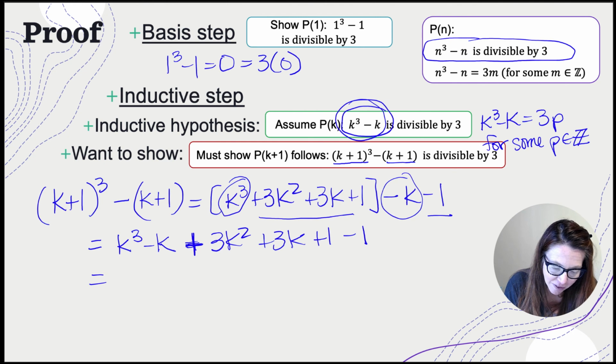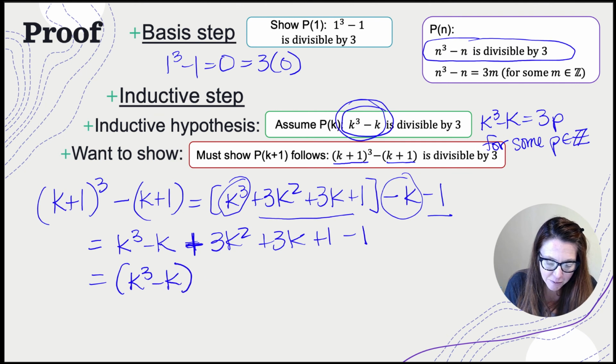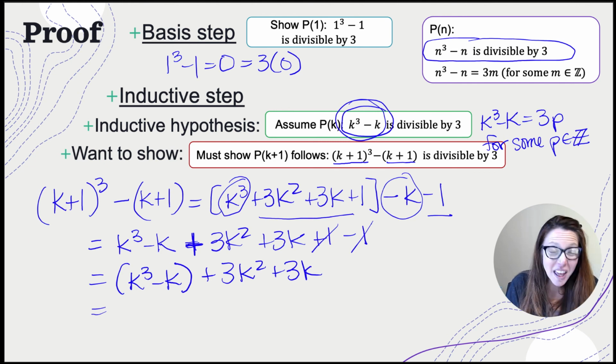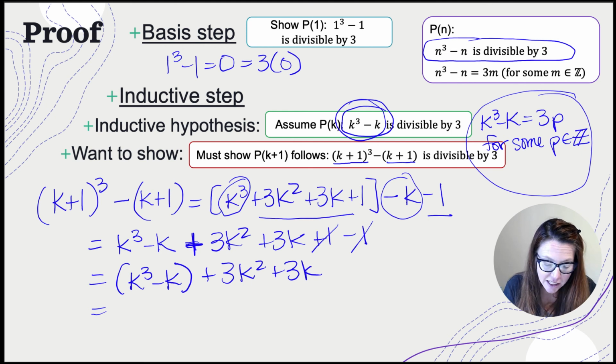So now I've got this piece that I want to keep to the side that I feel pretty good about, plus 3k squared plus 3k, because these have canceled each other out. So then by inductive hypothesis, I know that there is some integer value p, such that k cubed minus k is equal to 3p.